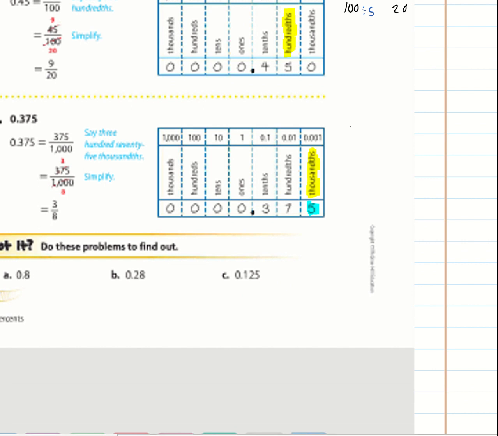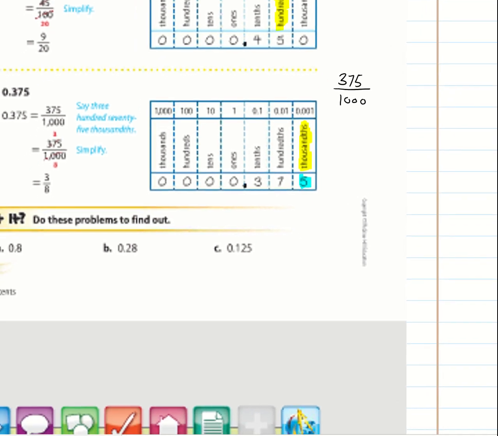So that is in the thousandths place, so in my denominator I'm going to have 1,000. In my numerator I have 375. And if we simplify this, it will simplify to 3/8, because we can divide 125 on both sides.